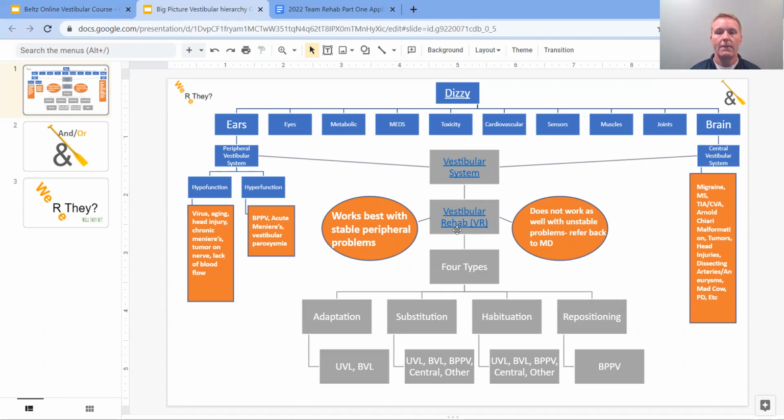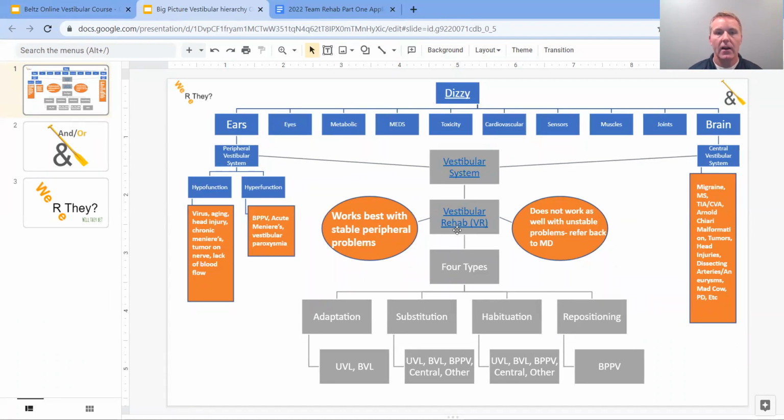Now, there are 4 main types of vestibular rehabilitation: adaptation, substitution, habituation, and repositioning. You'll see there's a type of problem that we use each tool for.